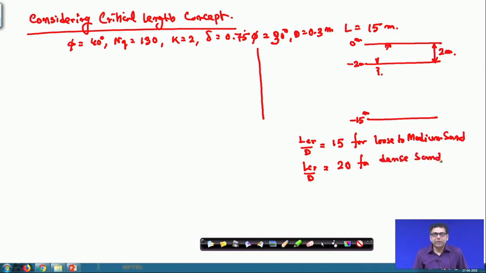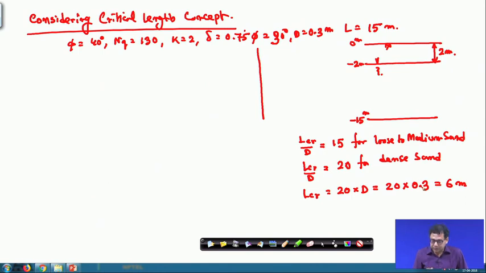Here the phi value is 40 degree, so it is in dense sand. So, we will consider that our critical depth is 20 times D. So, it is 20 into 0.3, which is 6 meter. So, the critical length is 6 meter.